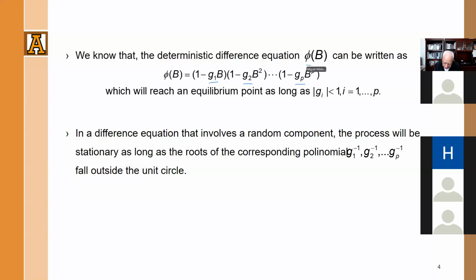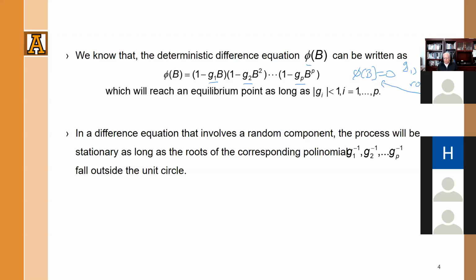If I take b as a variable, like a variable x in a polynomial, and equate this phi of b equal to 0, then g1 up to gp are the roots of that equation. Now, that's in the deterministic world. That's how you can express a difference equation.